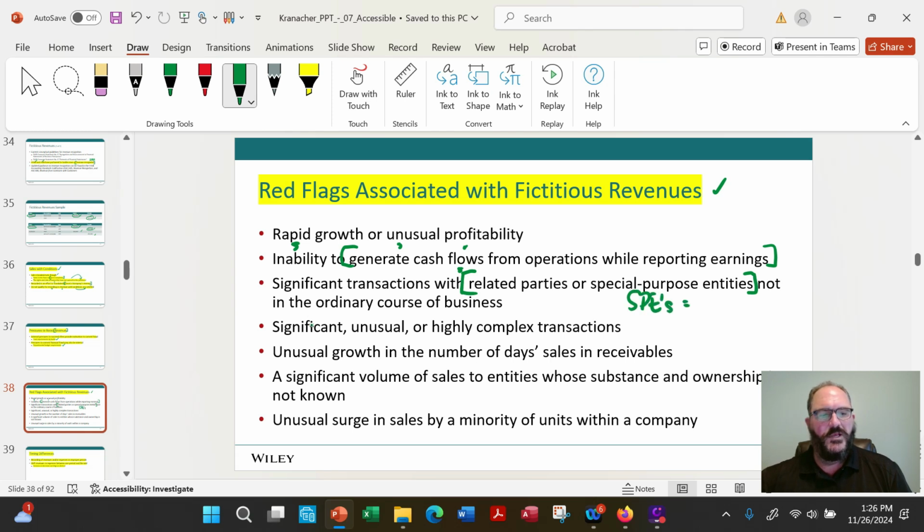SPEs equal Enron. Famous for that, okay? Remember this, what I mentioned to you? Significant, unusual, or highly complex transactions. So what that means is, if you're looking at something, you're going, what the heck? Start looking more, okay? Unusual growth in number of days receivables. This is because they're fake. So all of a sudden your receivables go up. That's because they're not actual.